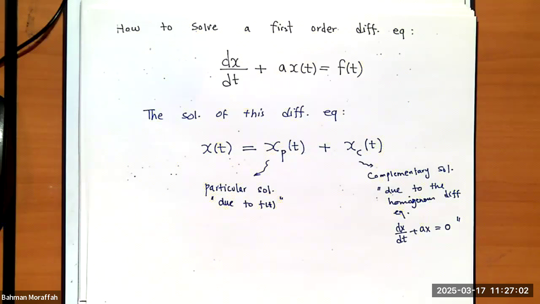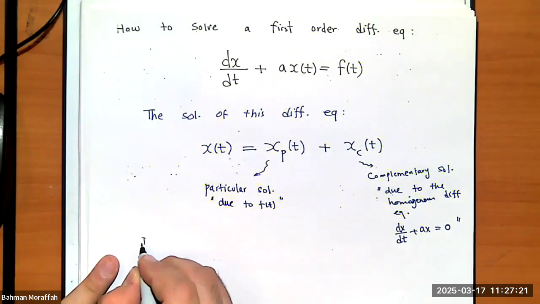So the good news here is the types of f of t that we're dealing with in this class are very simple. F of t in this class is either constant or a sine wave.